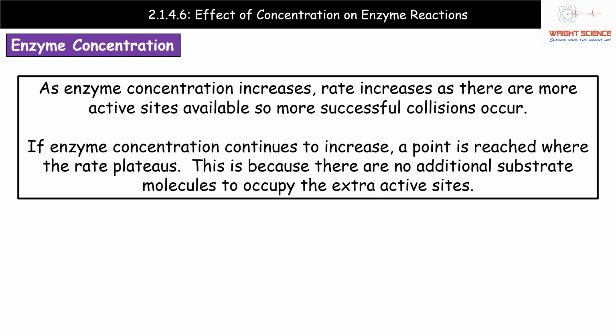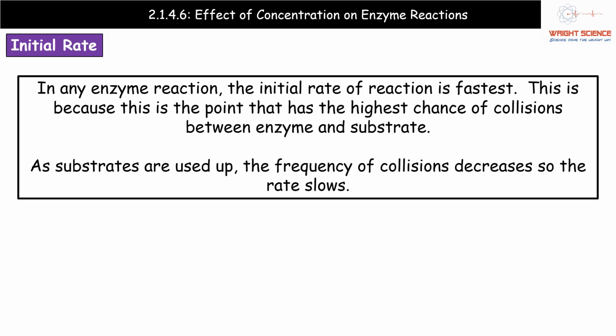However, we will reach a point where increasing the enzyme concentration is not going to lead to an increase in the rate. Quite simply, we get that little plateau on our graph again. This just comes down to the fact that we get to a stage where there are no additional substrate molecules to occupy those extra active sites. So we have a surplus of active sites, but not enough substrate to fit into them.